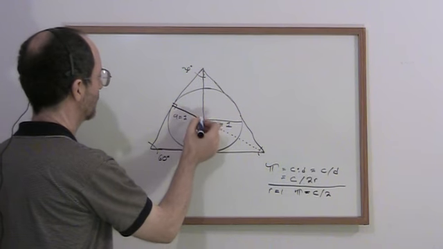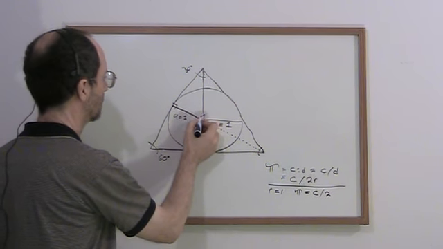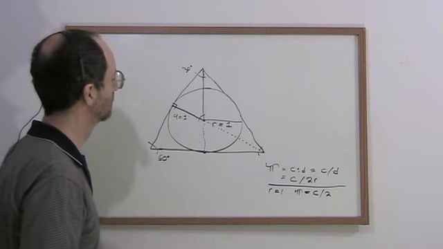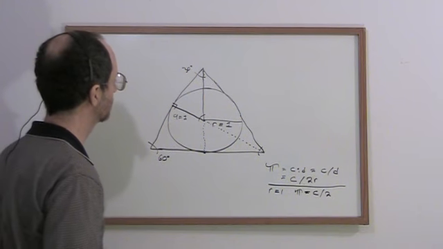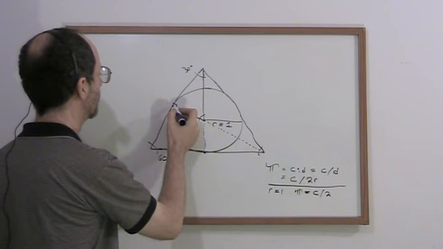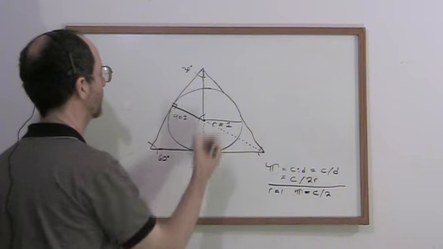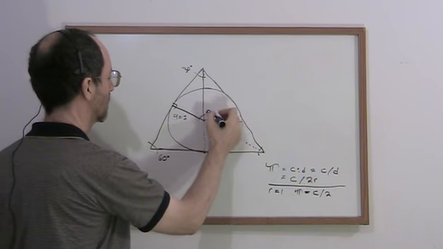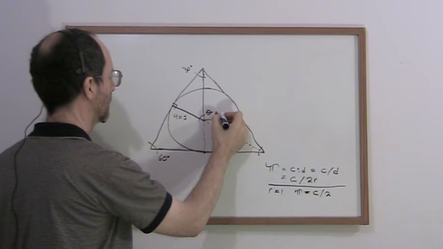Because the sum total of all the angles in any triangle is 180 degrees, we have 90 degrees and 30 degrees, which leaves 60 degrees for our angle theta.